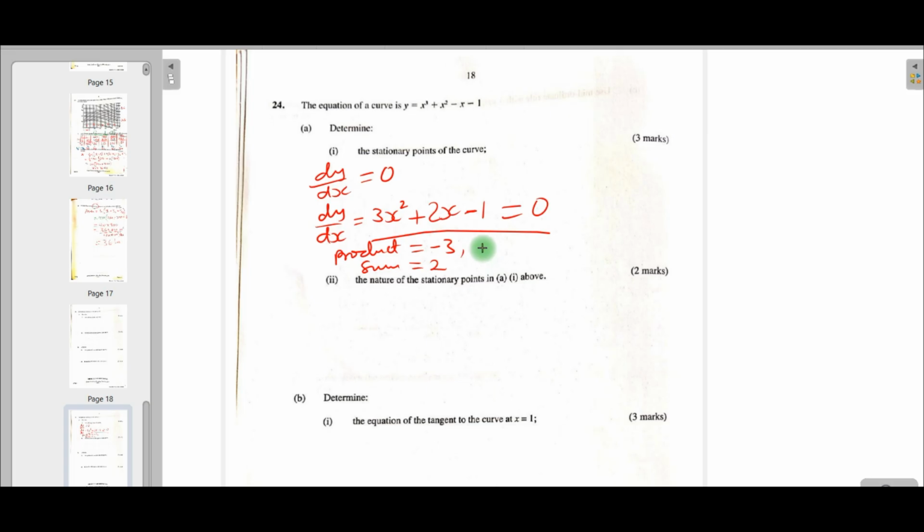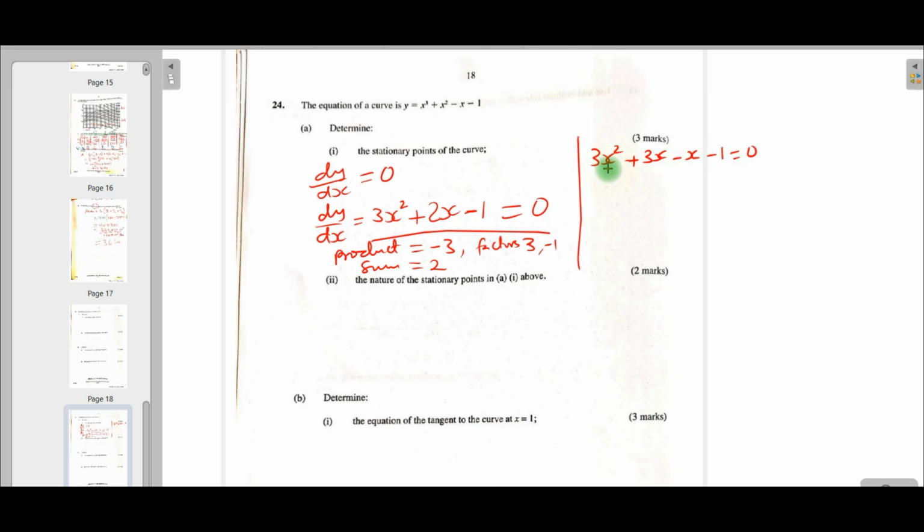The factors will be 3 and minus 1. So let me write it in the expanded form: 3x squared minus 3x, plus 3x, then minus 1 is equal to 0.